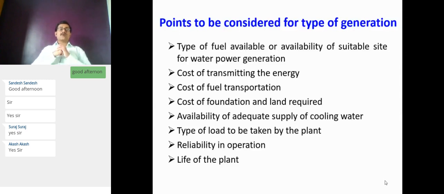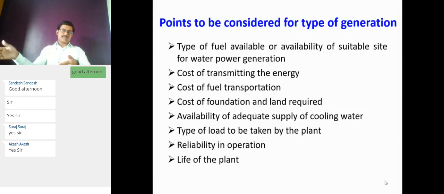As far as the hydroelectric power plant is concerned, hydroelectric power plants are located far away from the load center, isn't it? So normally for hydro power plants, the cost of transmission is higher. Whereas the gas turbine power plant, the diesel power plant or the steam thermal power plant are located very near to the load center, the place where the electricity is going to be consumed.